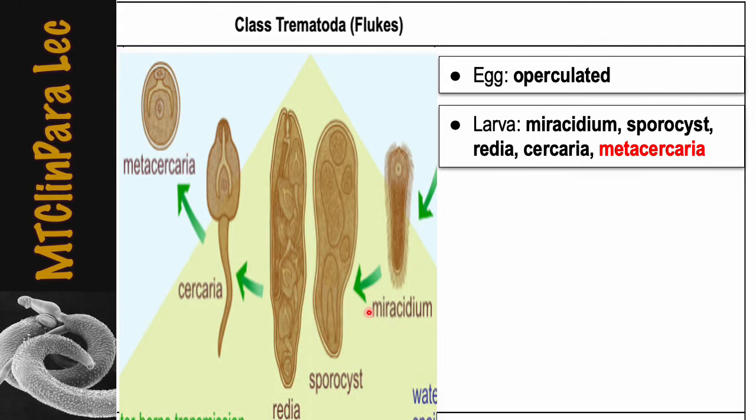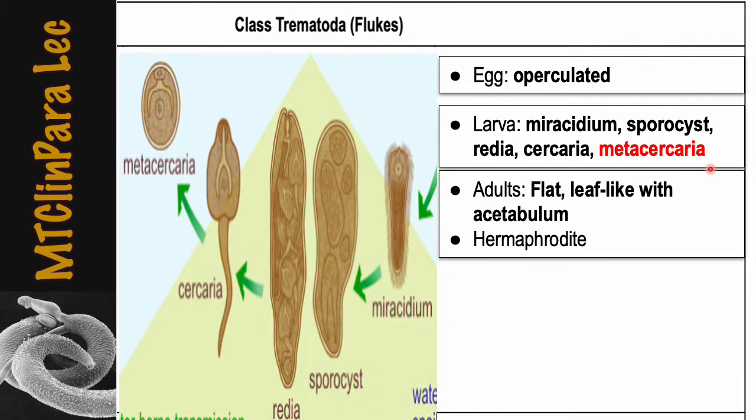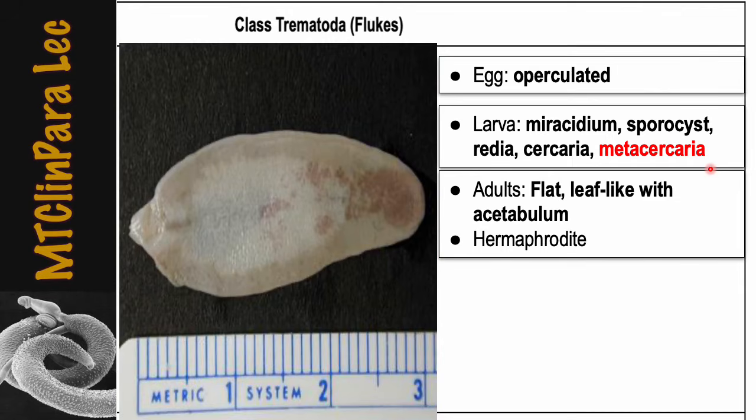Next one, in terms of their larval stages, for the organ-dwelling trematodes, we have 5 different stages. So we have your miracidium, sporocyst, redia, cercaria, and metacercaria. The metacercaria here is the infective stage of your organ-dwelling trematodes. Next, in terms of their adults, since these are mostly organ-dwelling, these adults are flat, leaf-like with an acetabulum or sucker.